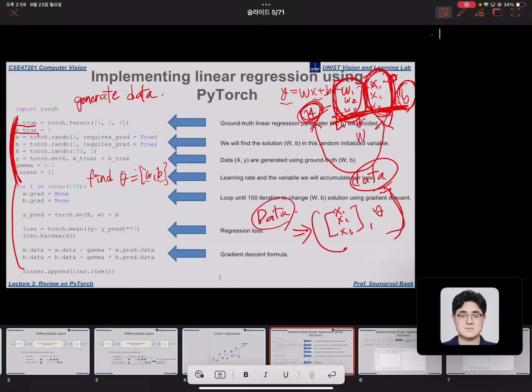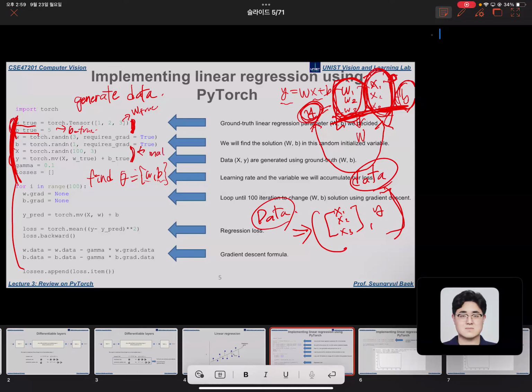Here we will define some true W and B. This is W true, and this is B true. Using W true and B true, we will make the data by these 2 lines of code.